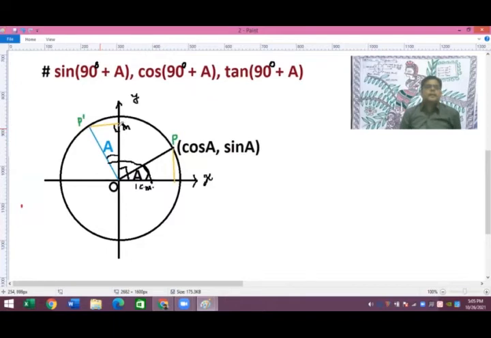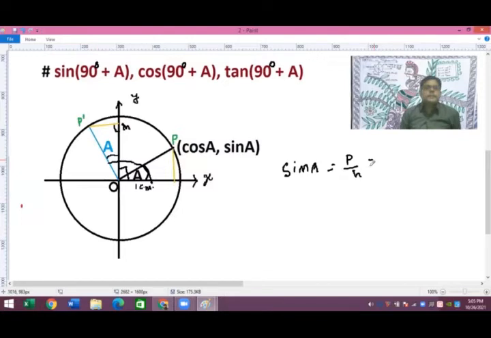First we use sine: sin A in this small triangle is P by H, and this is a unit circle of length 1 unit, so its hypotenuse is also 1 unit.